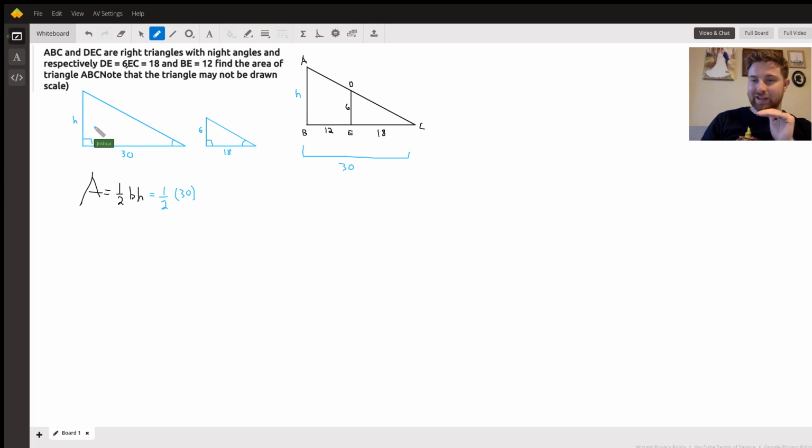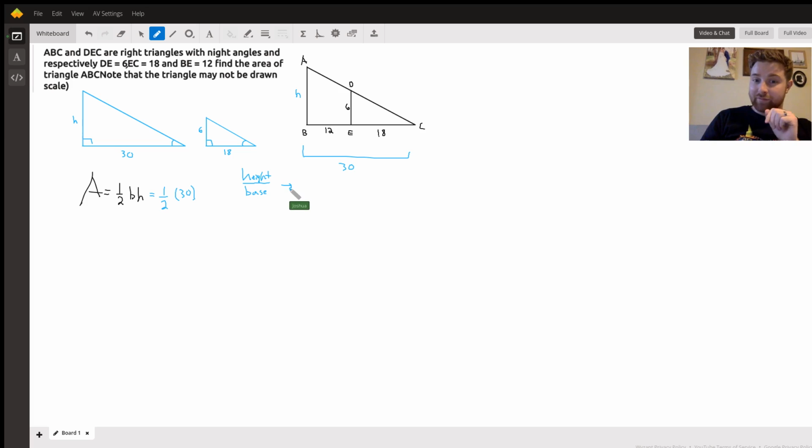So there's a really nice formula that we can actually use for this. Because they have the same angle, they're called similar triangles. So we can use similar triangle rules, where ratios are going to be equal to each other. Here's what I mean by that. The height over the base, because they're similar triangles, will be equal to each other.